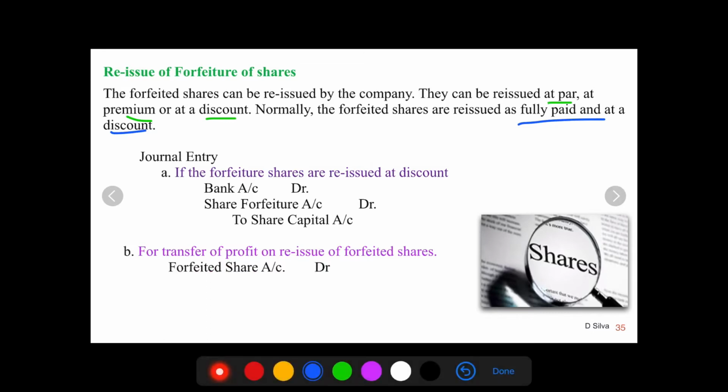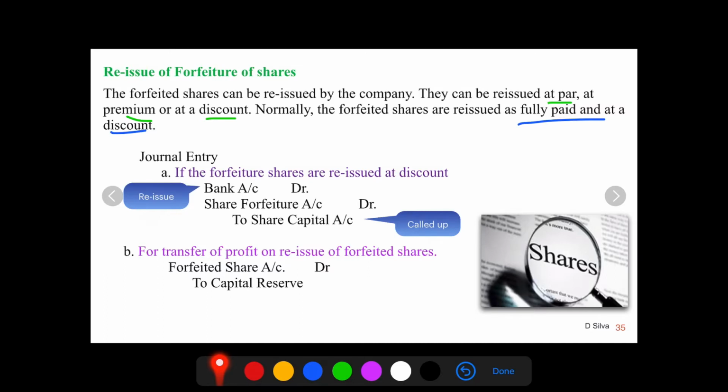Therefore, share forfeiture account debit, to capital reserve. Now we need to understand what exactly the share capital is over here. Share capital is the called up capital, which is that part of your subscribed capital. That means it has already been subscribed and paid. So now when the company is reissuing, it is going to receive the money through bank, which we call reissue.